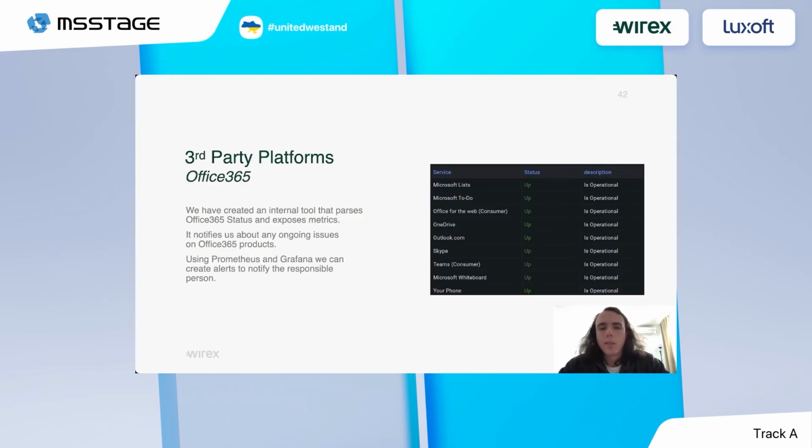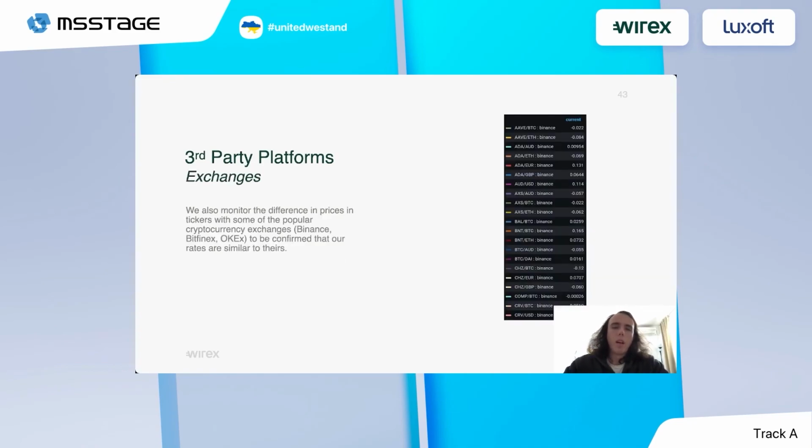Using Prometheus and Grafana, we can create alerts to notify the responsible person. Again, by OpsGenie. Also, we monitor the difference in prices in tickers with some of the popular cryptocurrency exchanges like Binance, Bitfinex, OKEx, just to make sure that our internal rates are similar to theirs.